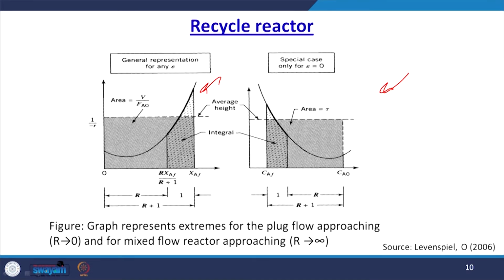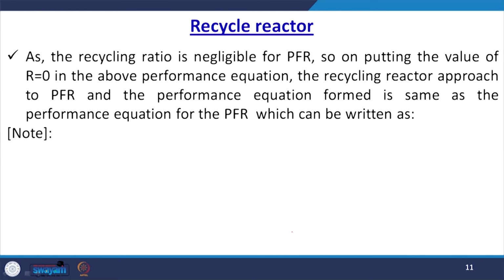In that case, you can see that this one is the recycle ratio here, and these extremes are the plug flow reactor, approaching R tends to 0, and the mixed flow reactor, approaching R tends to infinity.